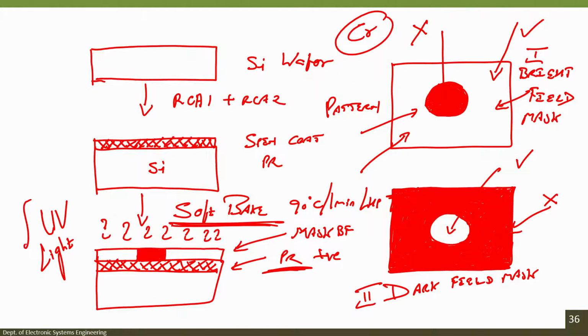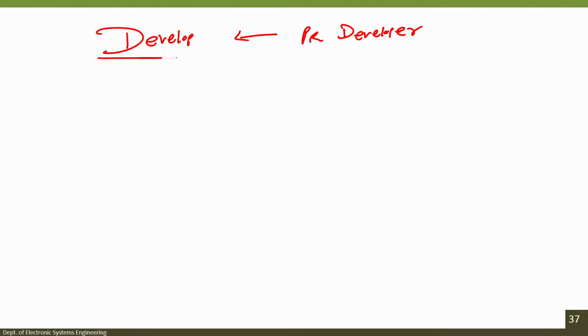The next step is to develop the wafer in photoresist developer. Once you expose the wafer with UV light, you unload the mask and dip the wafer in a photoresist developer. After that, the next step is hard bake.